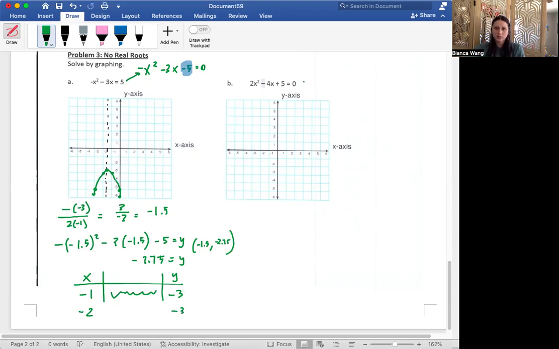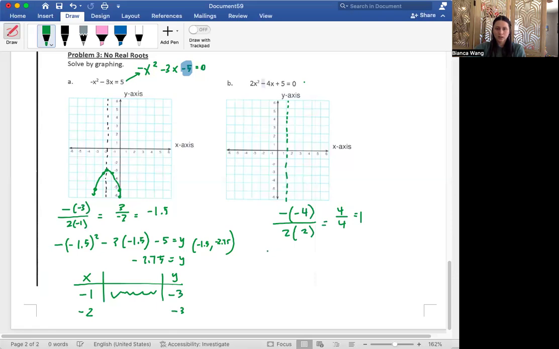Last one here. This is already in the correct format. And first step, let's write our negative b, right? -4 over 2 times a. And a this time is 2, +2. This is 4 divided by 4, which is 1. So my axis of symmetry is at +1.